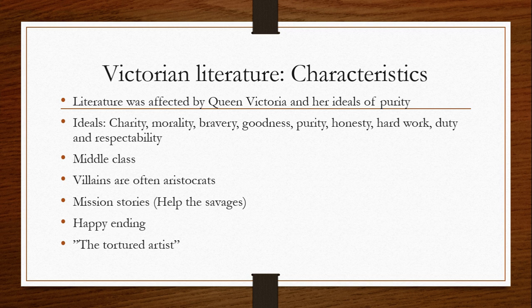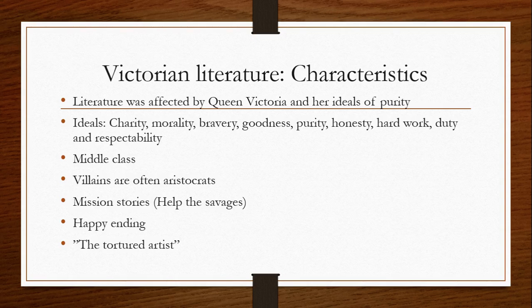But here we also have the happy ending that is quite important. And what is also expressed in Victorian literature is the idea of the tortured artist, sort of the writer's way of writing him or herself into his or her work, explaining how they are tortured and misunderstood all the time. Yeah?